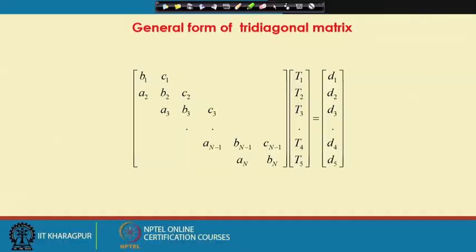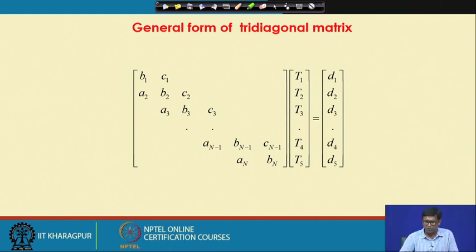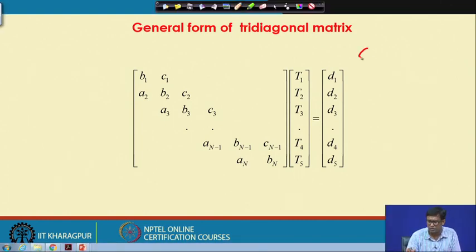There are very important solution algorithms like the generalized minimum residual algorithm, or the biconjugate stabilized biconjugate gradient method, where you will see tridiagonal matrices coming in between in the solution space. However, we have to see how we can solve this equation, and we have so far gone through 3 different solvers.